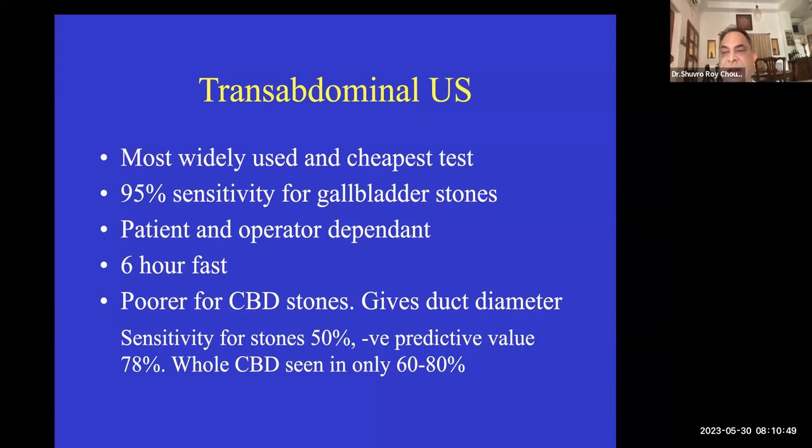There are some softer signs on CT where you can see a filling defect within the bile, but a calcific rim of a gallstone you will only see in 50 to 60% of cases. So ultrasound remains the standard of care for detecting gallstones.